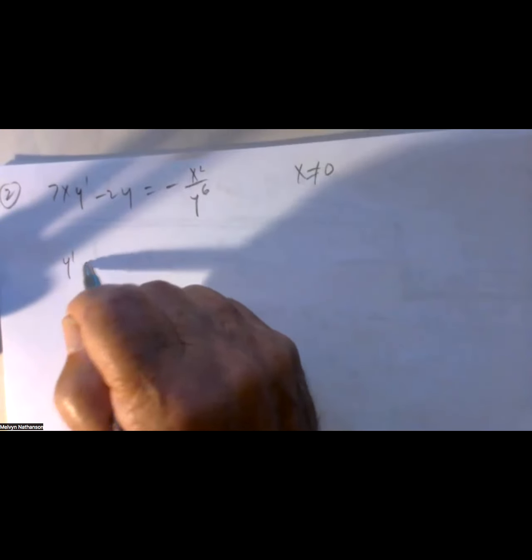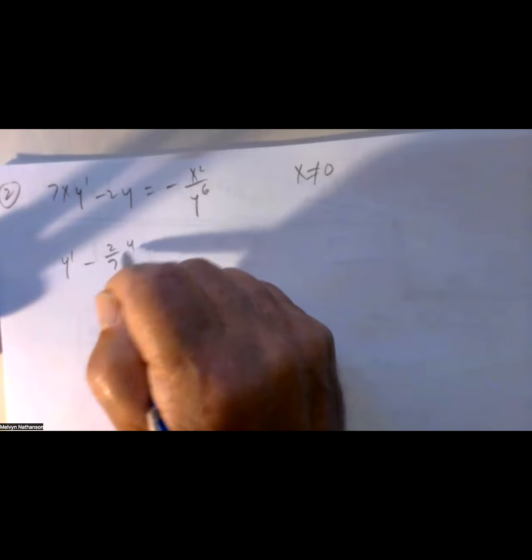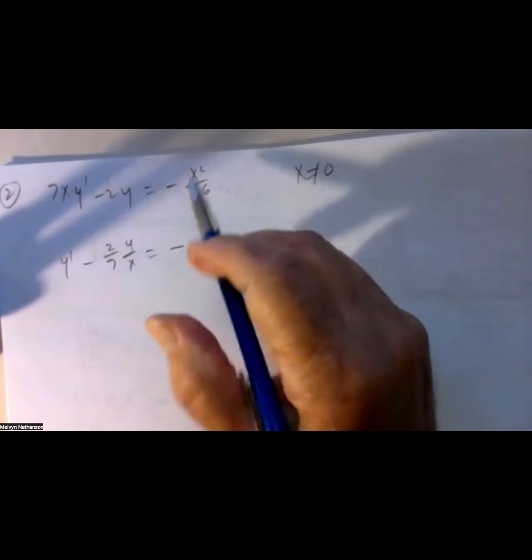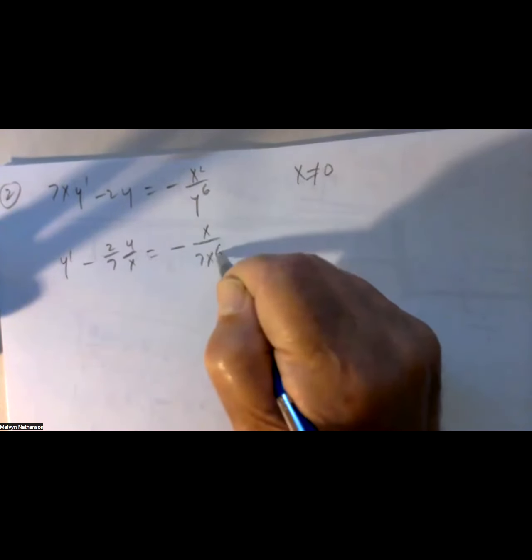I get y prime minus 2 over 7 y over x equals minus, I'm dividing by 7x, so I get x over 7 y to the 6th.